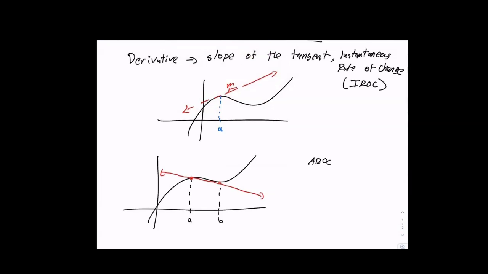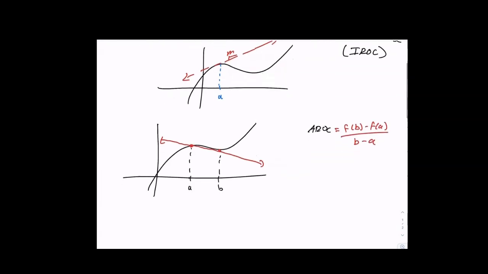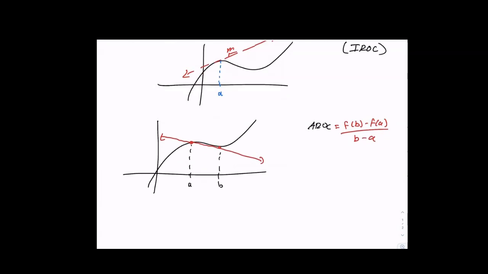We found that the average rate of change was equal to f of B minus f of A over B minus A. Okay, two points.